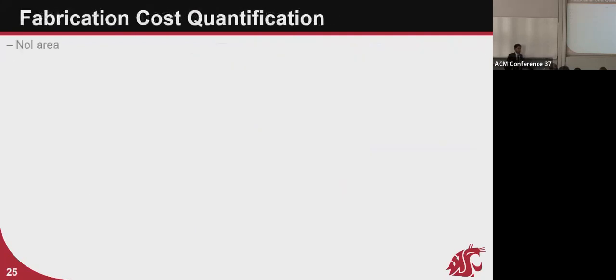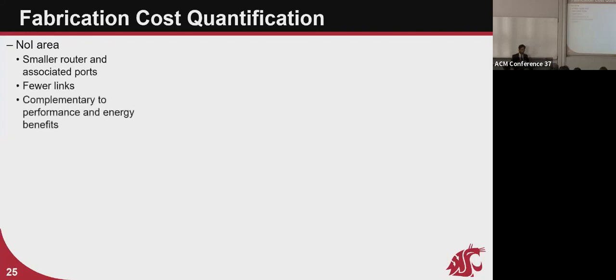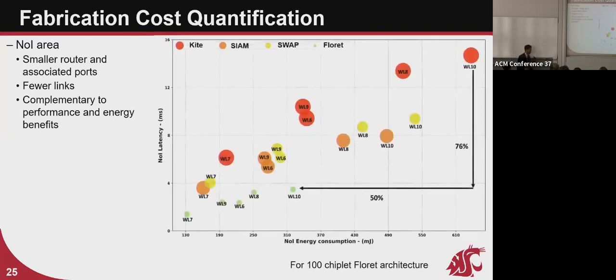For the fabrication cost quantification, we know NOI area is a function of router size. We have smaller routers, smaller associated ports, and fewer links, which complements the performance and energy. I have this one figure for a 100 chiplet architecture, capturing the latency and the energy consumption for a workload running on a 100 chiplet system, where you can see the improvement is about 76% in latency and 50% in energy.